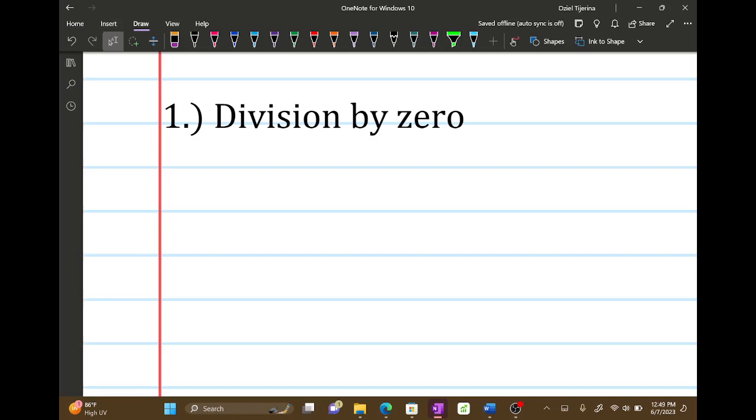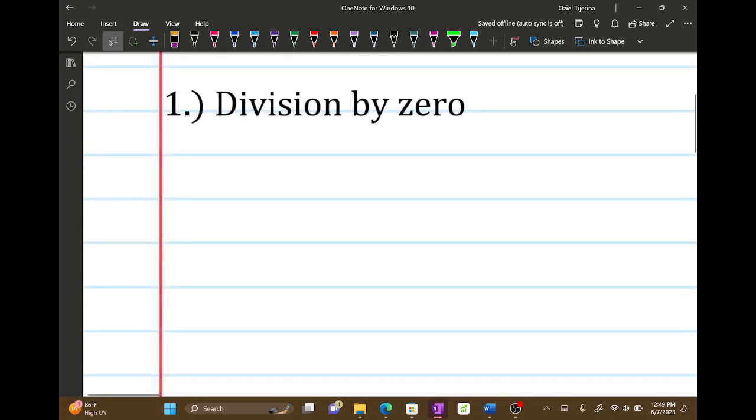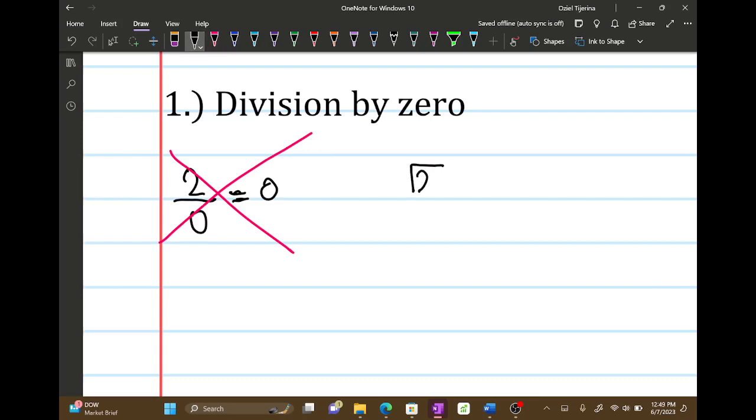So the number one mistake, the first math error, is division by zero. A lot of students believe that if I say 2 divided by 0, this is equal to 0. No, this is not true. If I literally divide 2 by 0, what times 0 gives me 2?